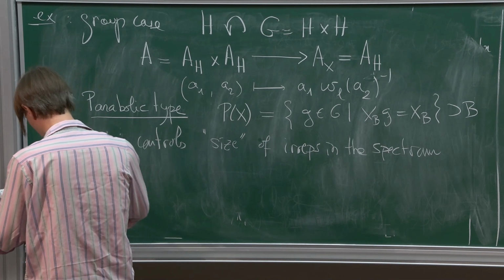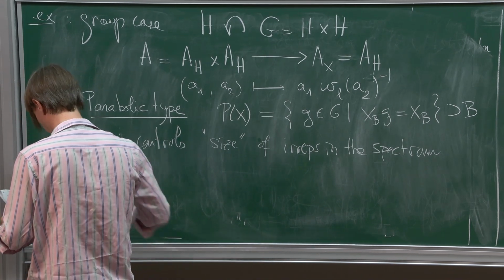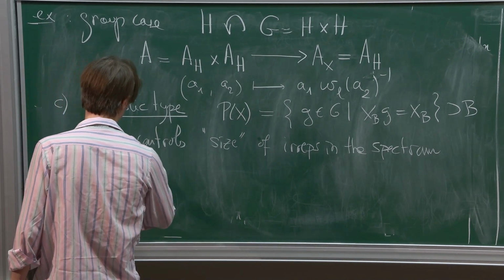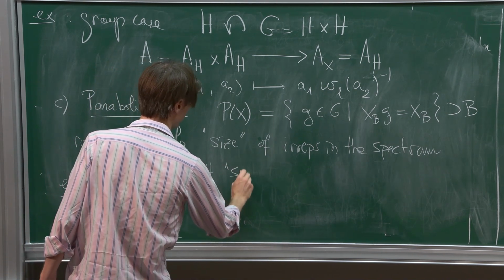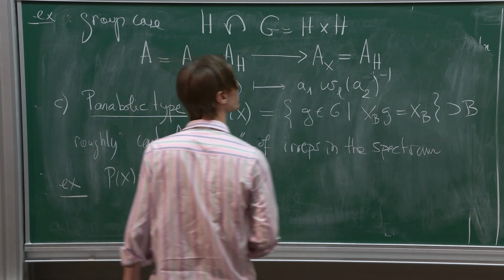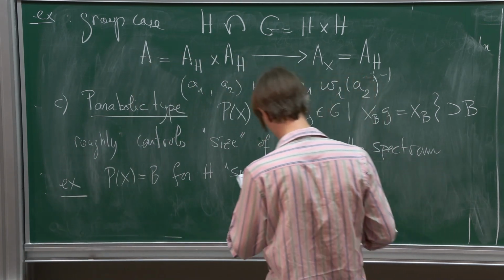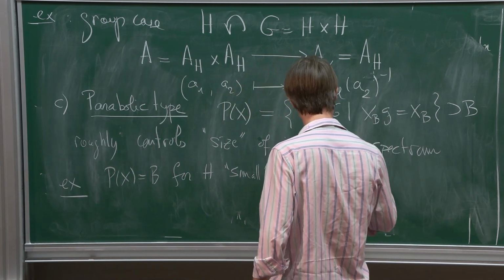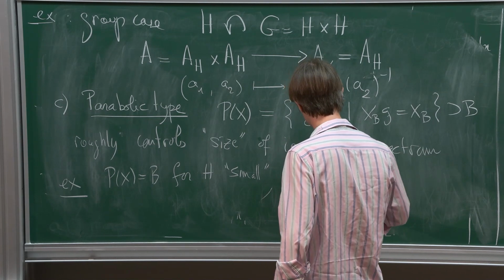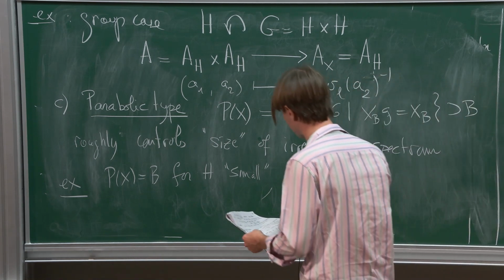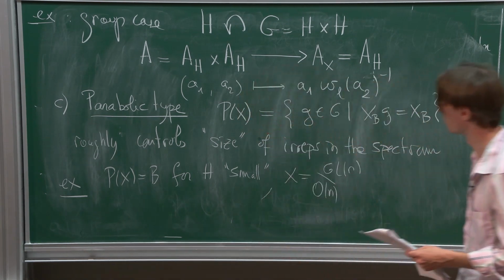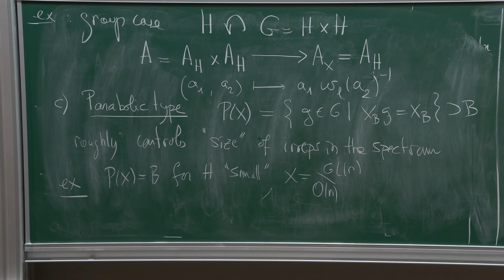So let me give you two examples. P_X is B for H small, and there are many examples. Actually, most examples I gave before have P_X equal to B. But let me just give one example, which is GL_n mod O_n. So O_n is exactly of the minimal size possible for a spherical subgroup.